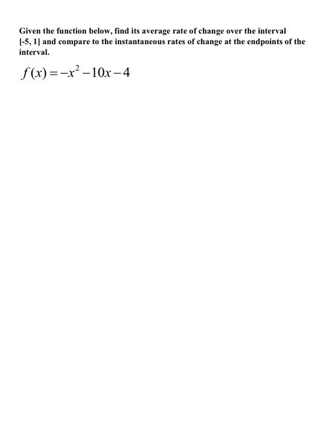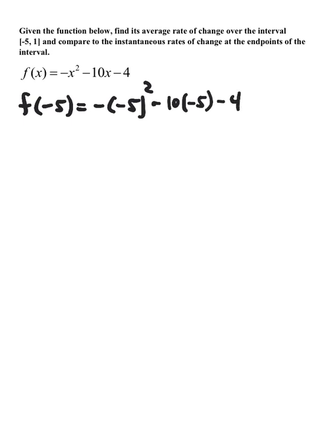For average rate of change, you substitute the function value of each endpoint value, -5 and 1, into the function. Using your calculator, and be very careful with the location of your parentheses, you should get 21.